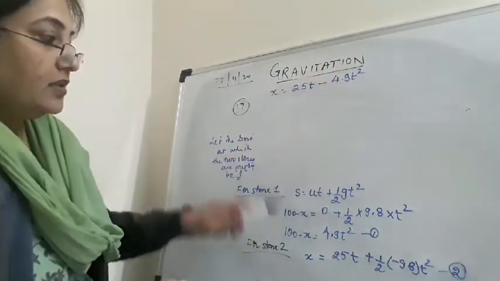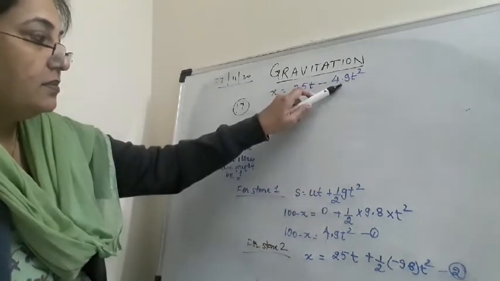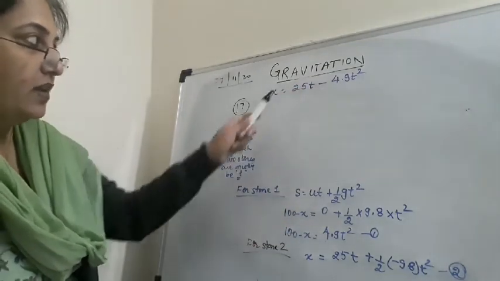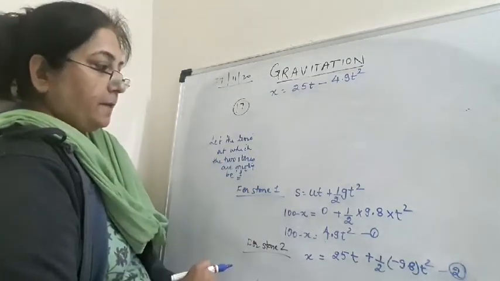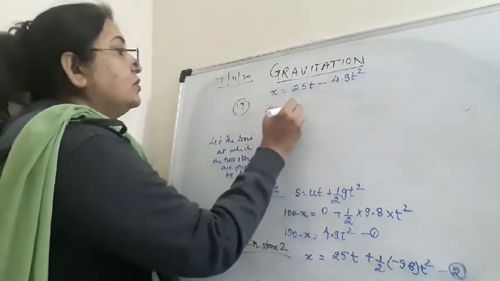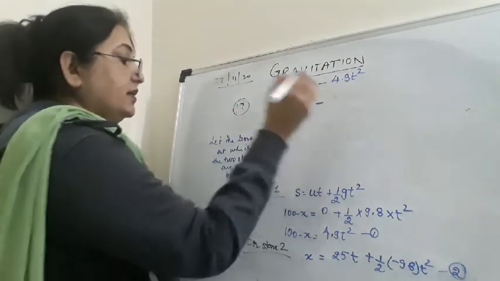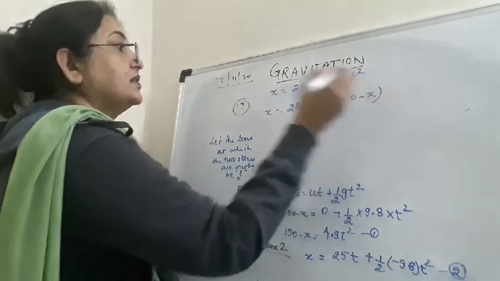Now from this equation 4.9 t square, from here I can substitute 100 minus x and then we'll solve it. So we'll write x is equal to 25t minus, it will be 100 minus x.